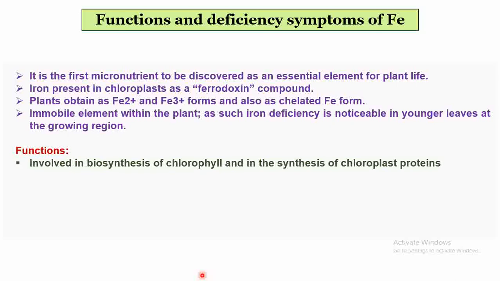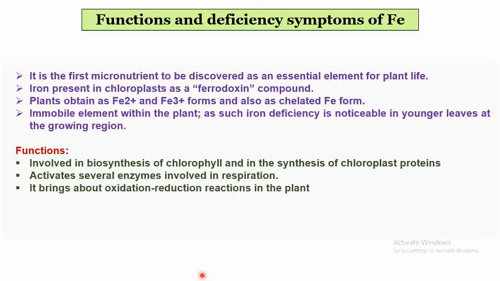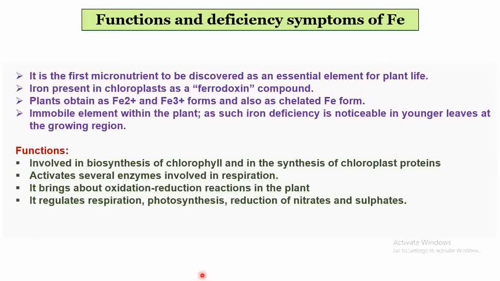Function: involved in biosynthesis of chlorophyll and synthesis of chloroplast protein. Activates several enzymes which are involved in respiration. It brings about oxidation reduction reaction in the plant. It regulates respiration, photosynthesis, reduction of nitrate and sulfate.